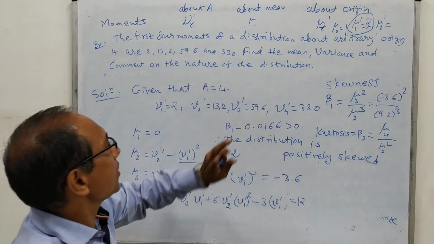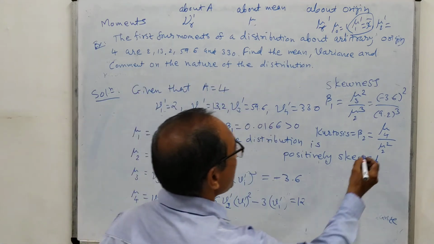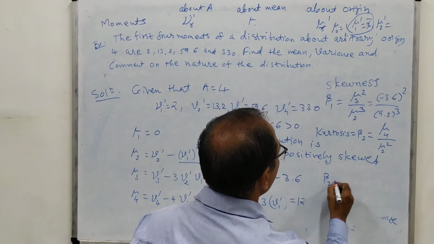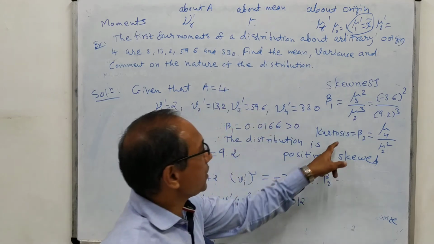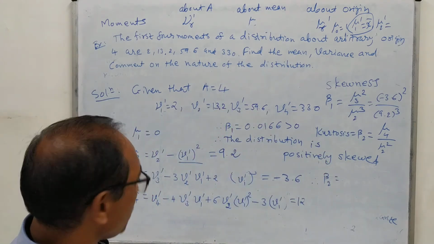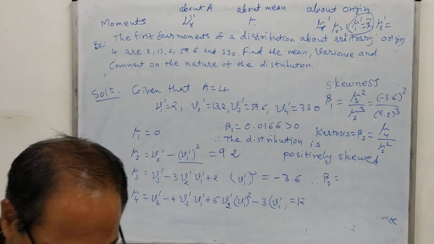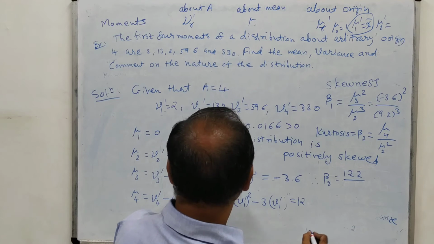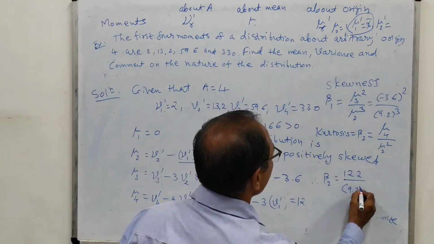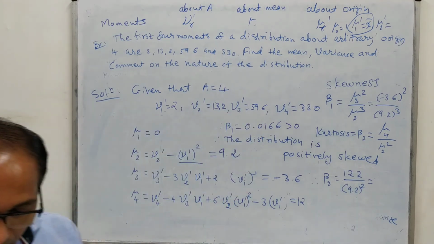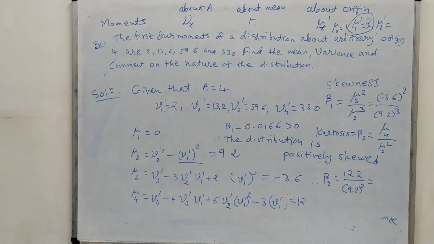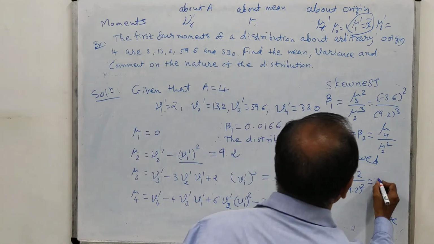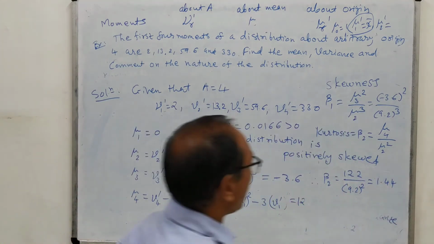So this is the answer for the comment on the nature of the distribution. Then we will find beta 2, which means kurtosis. Kurtosis is mu4, which we obtained as 122, divided by mu2 square, that is 9.2 whole square. Using the calculator, its value is 1.44.